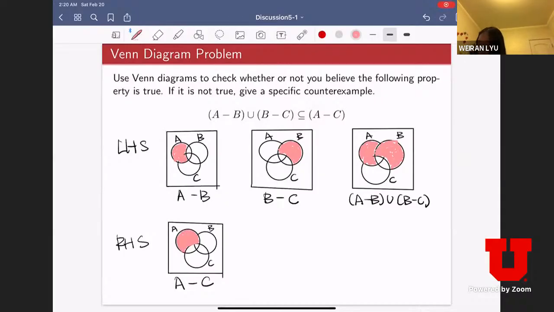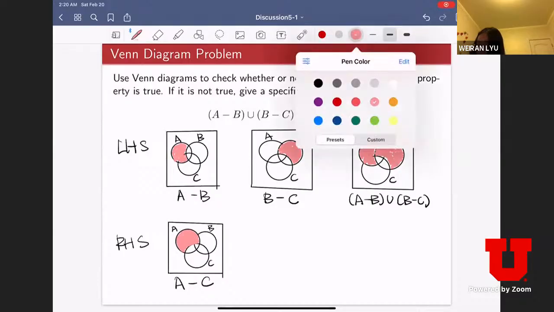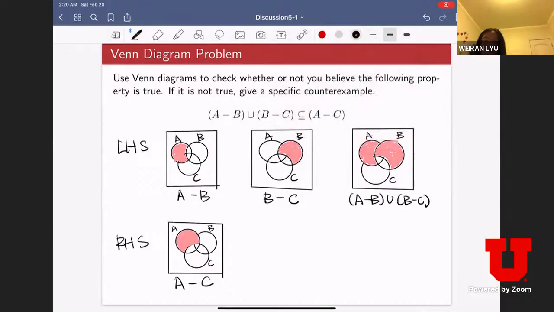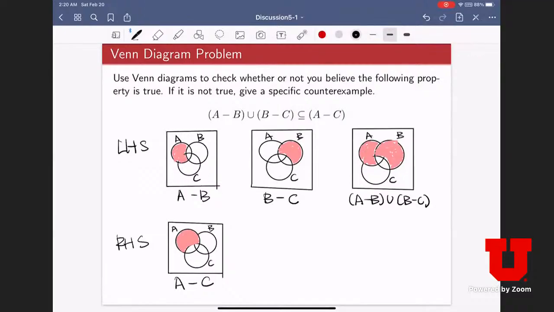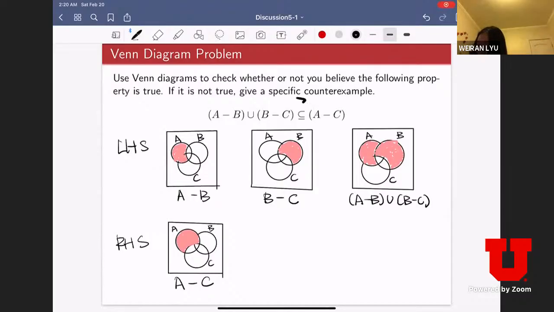And are they equal? Or in other words, is the left-hand side a subset of the right-hand side? No, because that would imply every element on the left is an element of A, or the right, and that's not true. Yep, and in fact, it should be the other way around.